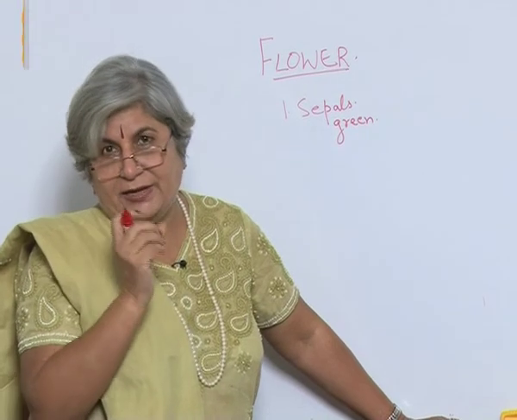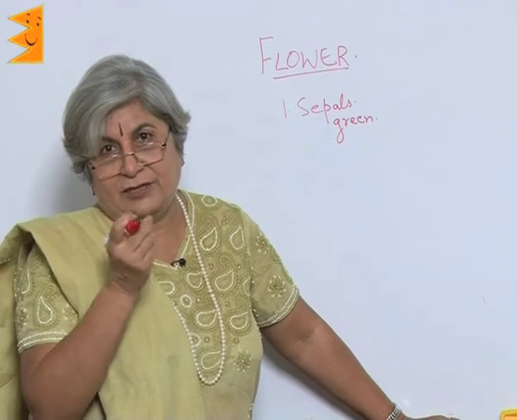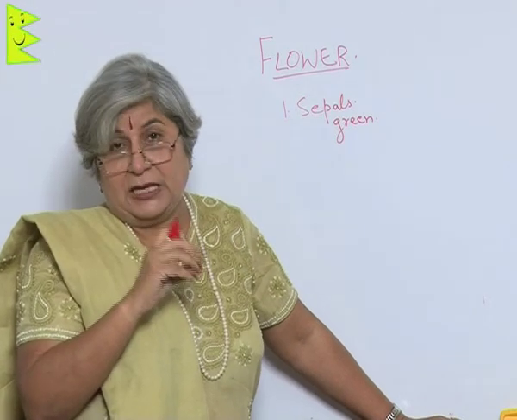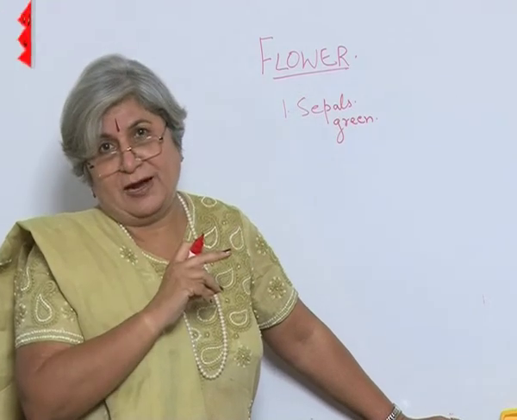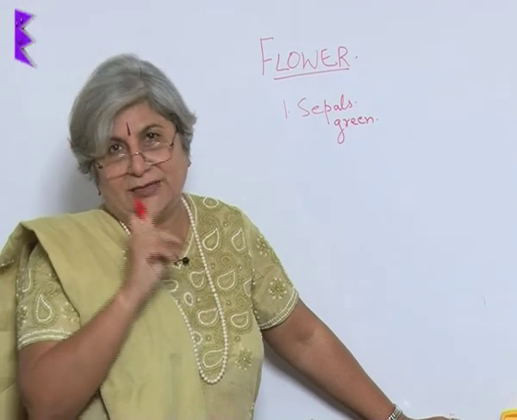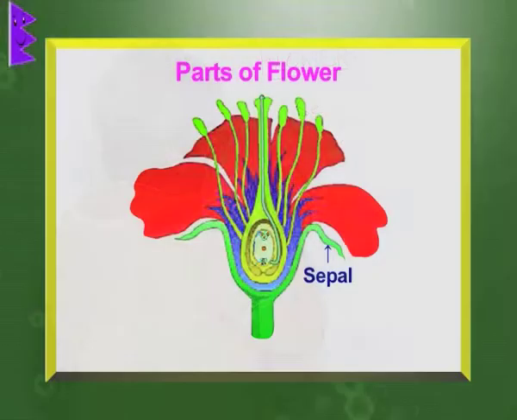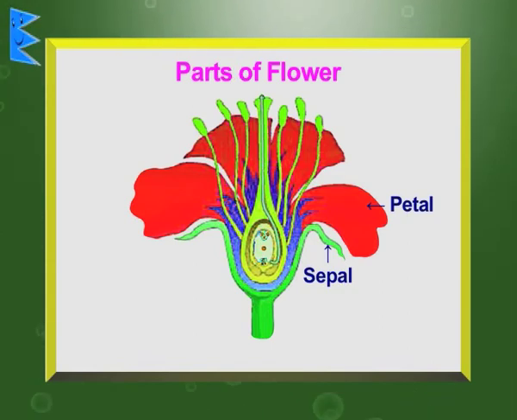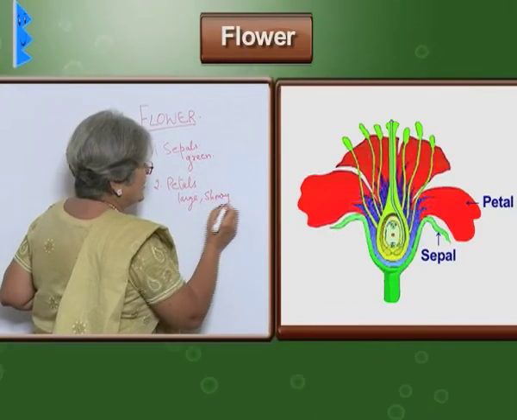Their number can vary. It can be 5 or a multiple of 5. In some cases it is even 4. In some very few flowers, sepals can also be colorful, but that is rare. The second part is petals, which of course are large, showy, colorful. Why so?